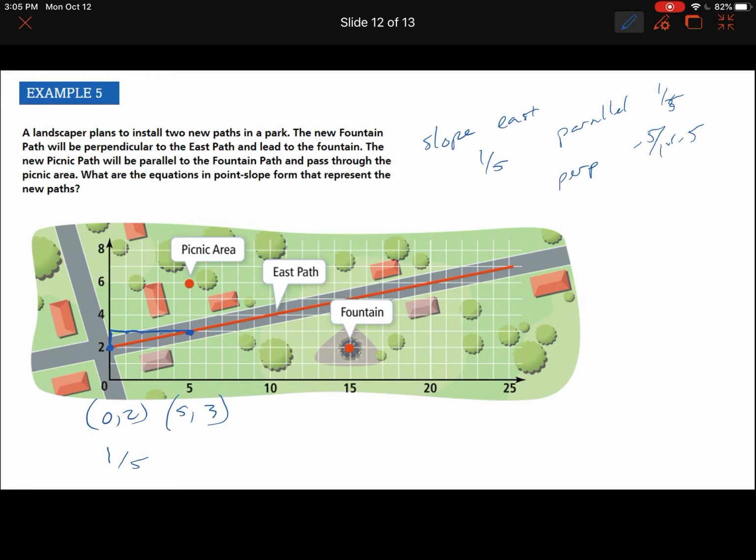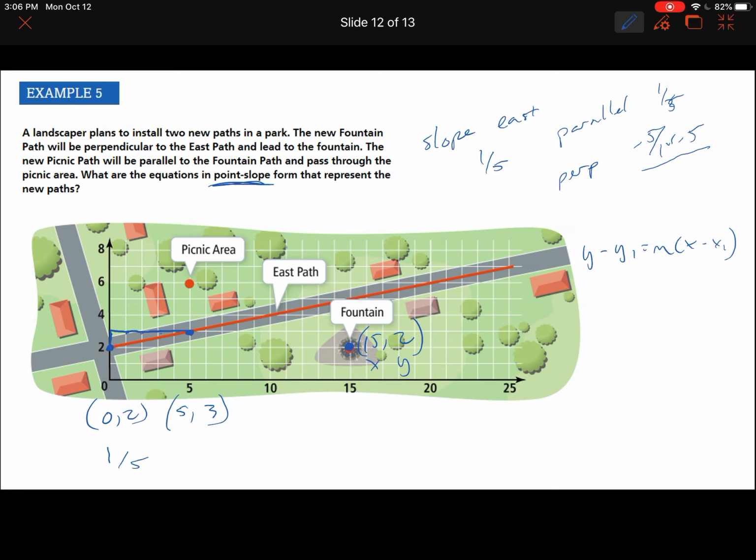So let's do the fountain first. We have a point at 15, 2, and we want point slope form. So again, we know this is the perpendicular. It's going to have a slope of negative 5. So if we want this in point slope form, we're going to go y minus y1 equals m times x minus x1.